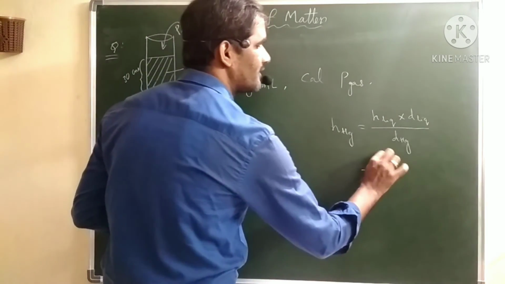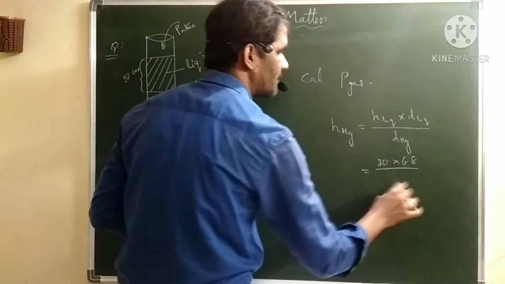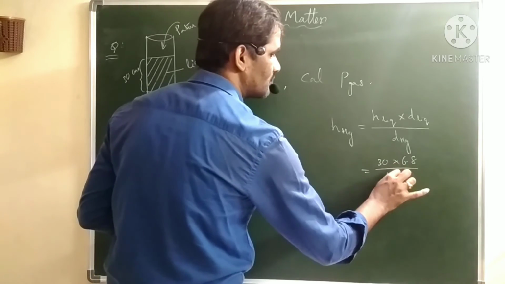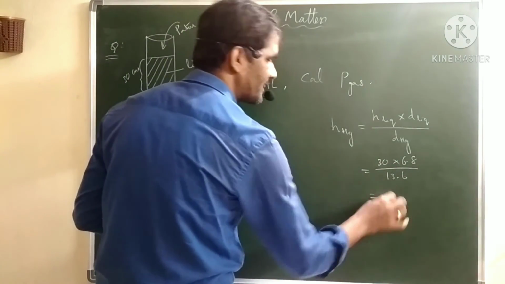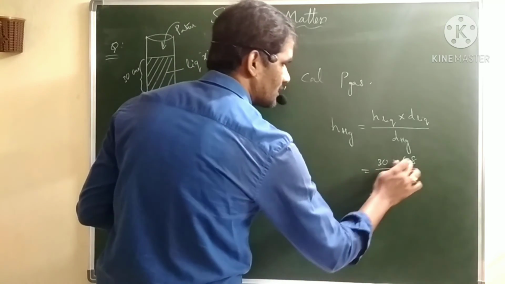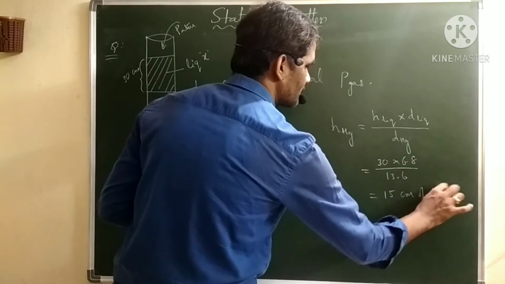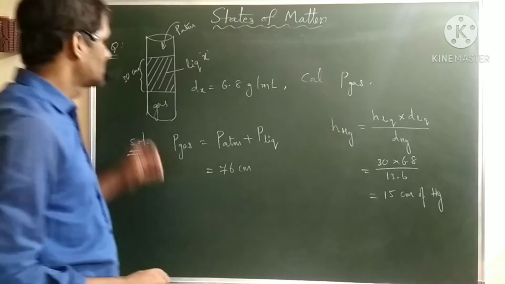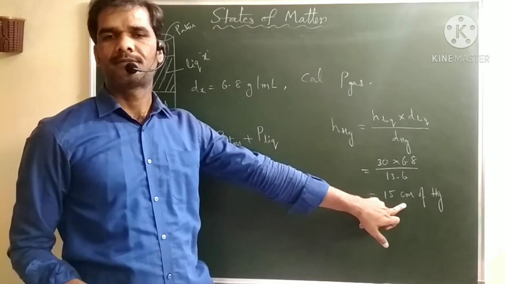And the height of liquid is 30 and the density is 6.8 by density of mercury, that we know is 13.6 gram per ml. So overall we will get 15 centimeter of Hg. So 30 centimeters of liquid height is equivalent to 15 centimeters of mercury.